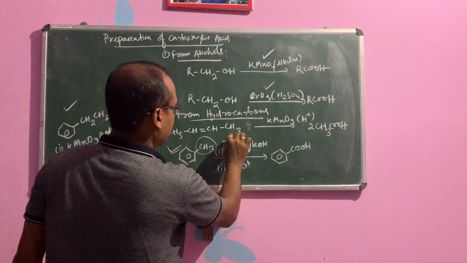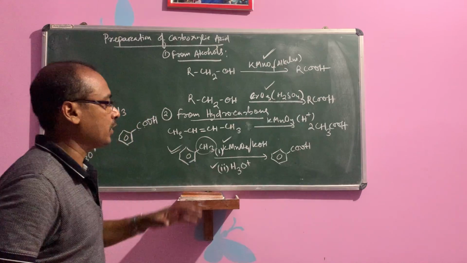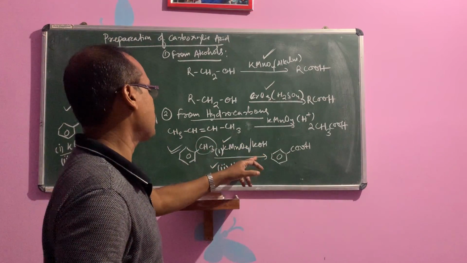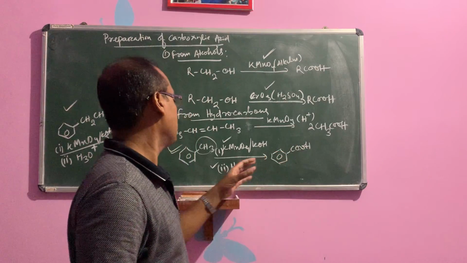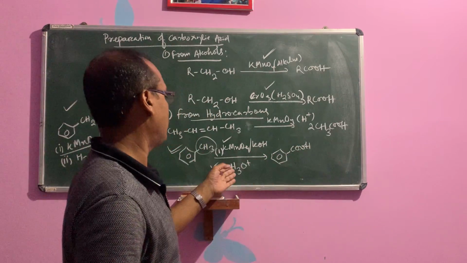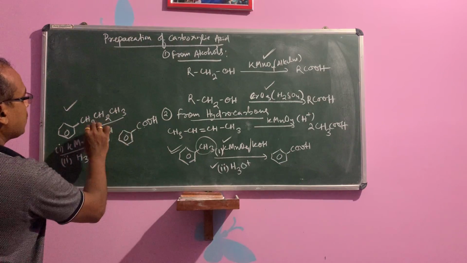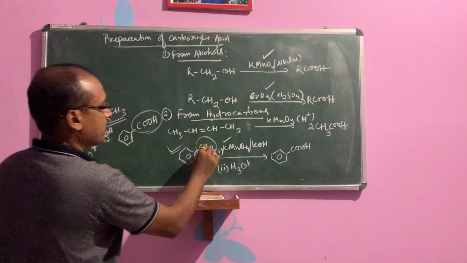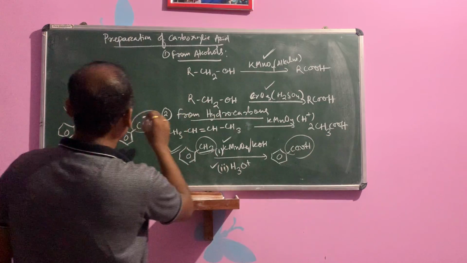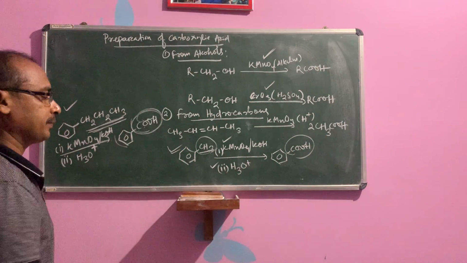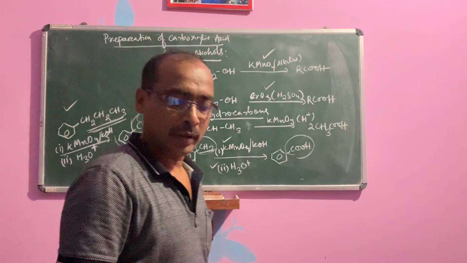Both reactions are written as a single reaction: first KMnO4, KOH to form potassium benzoate, then hydrolysis to form benzoic acid. It does not depend on the length of the side chain. Here CH3 forms COOH, and here CH2CH3 forms COOH. This is the preparation.